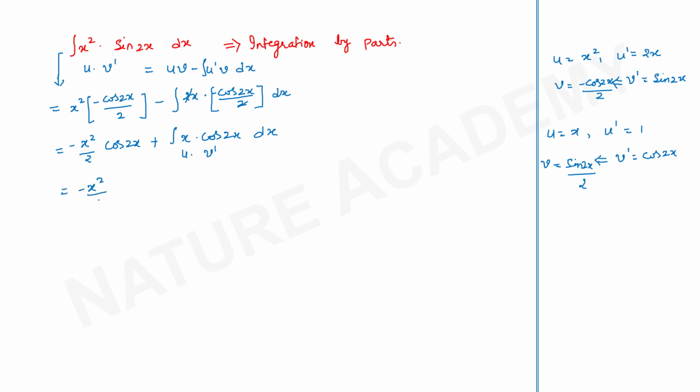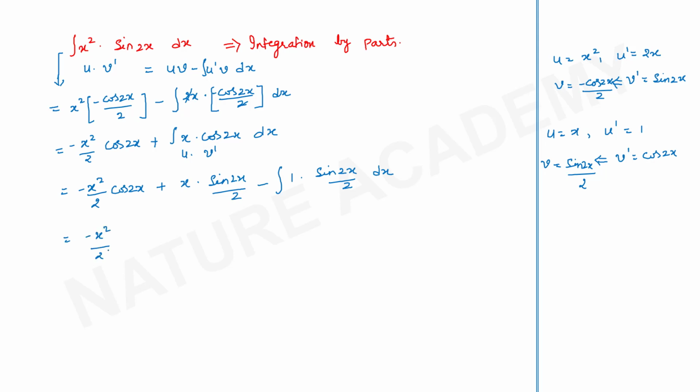This I will write as it is, minus x square by 2 cos 2x plus u into v. U is x and v is sine 2x by 2, minus integral u dash. U dash is 1 into v, sine 2x by 2 into dx.